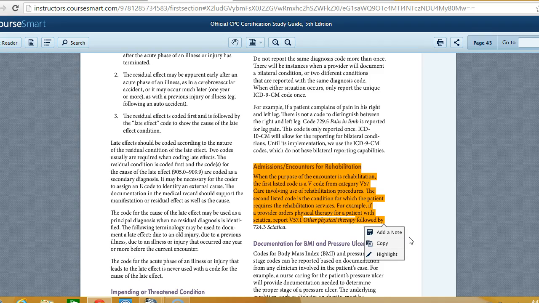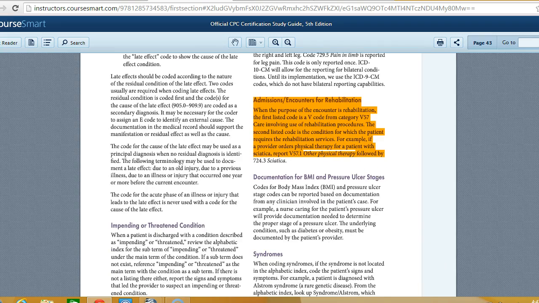But one important fact, these are primary diagnosis codes, which means that they have to be listed first. So if you have more than one therapy seeing the patient, you have to use code V57.89 because they all can't be listed first. So V57.89 tells that multiple therapies are seeing that patient.